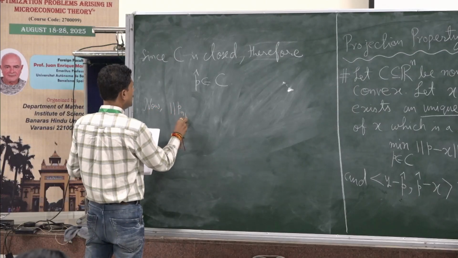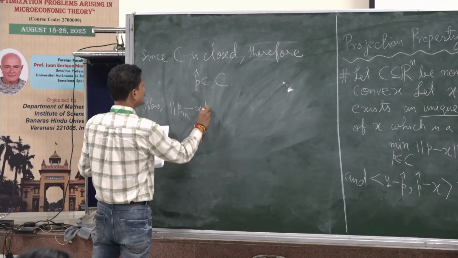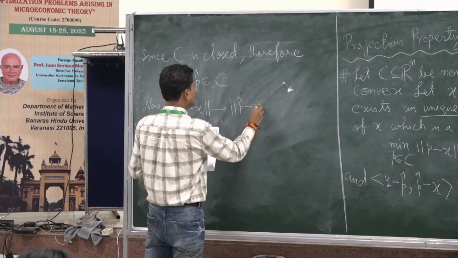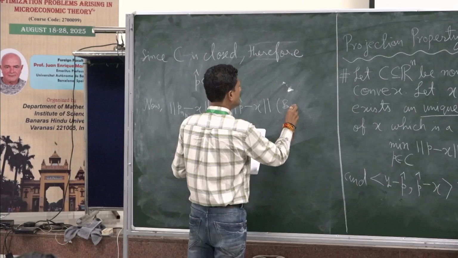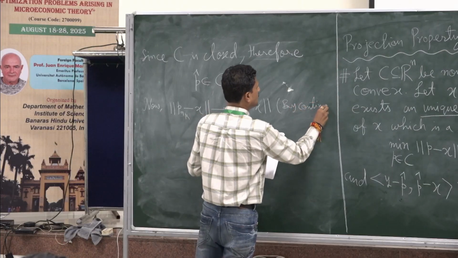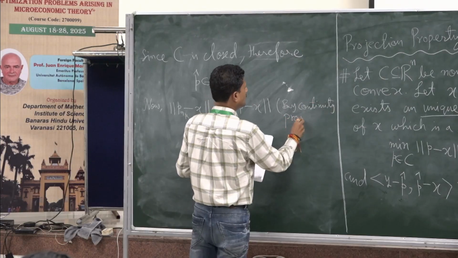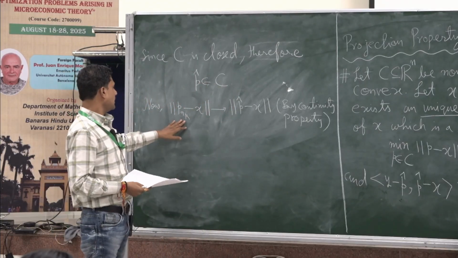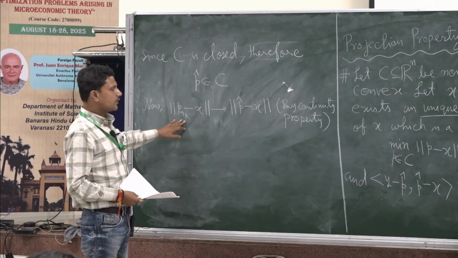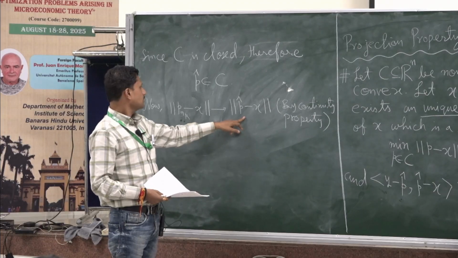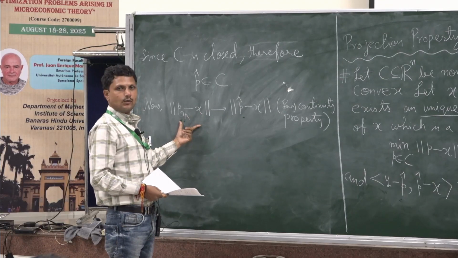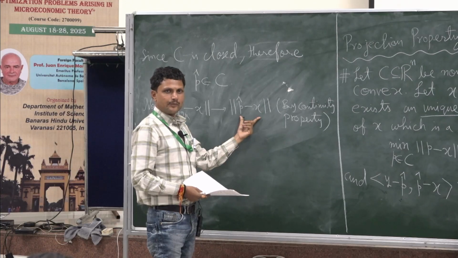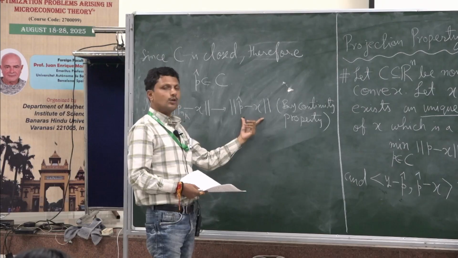P_{n_k} minus X will tend to P hat minus X. This P_{n_k} is a sequence which is converging to P hat, so P_{n_k} minus X is a sequence converging to P hat minus X, and then we can apply the property that the norm is a continuous function.